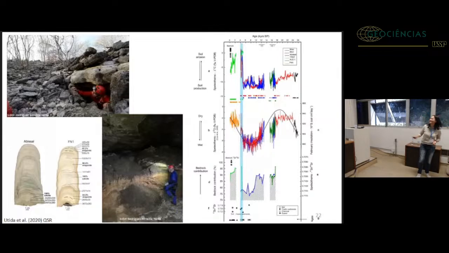Do you have an idea why there's no more positive signal in the last 4,000 years here? Because the soil is eroded. Everything was eroded, and then this condition started.